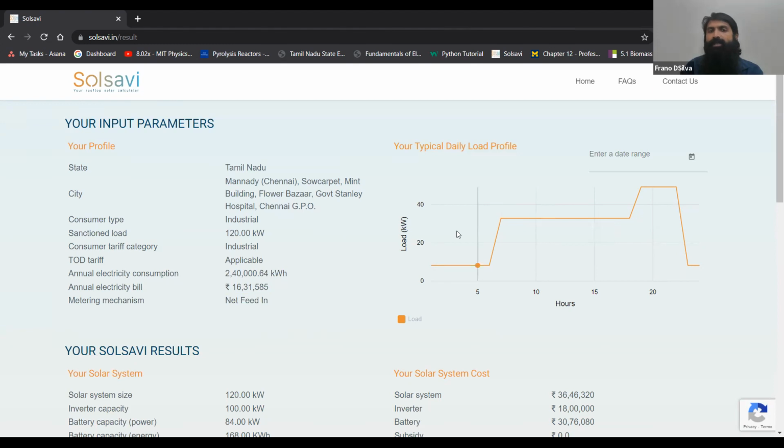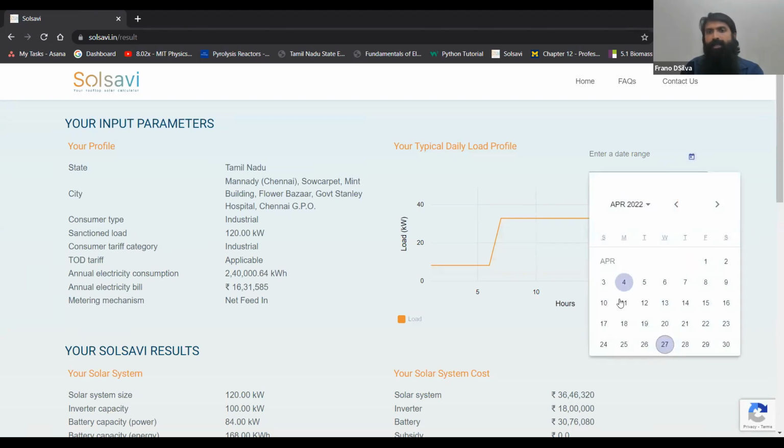On the right, we have a typical load profile which shows us that between 6 in the morning till 6 in the evening, we have a steady load in the premises. After 6 in the evening until 10 in the night, we have a peak consumption during that period, and further falling down to a base load, or rather minimum load, during the wee hours of the day.